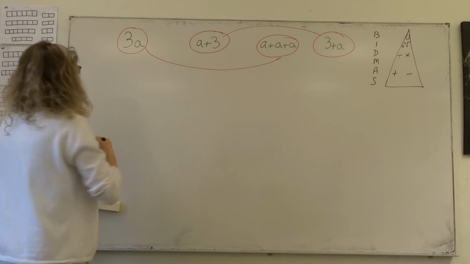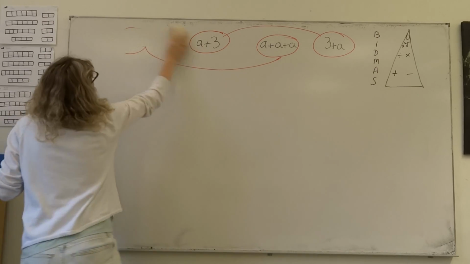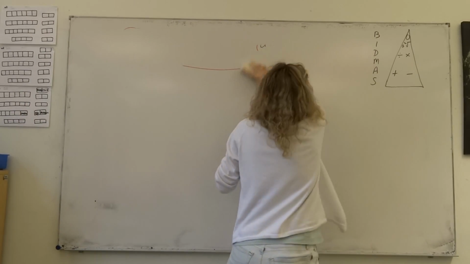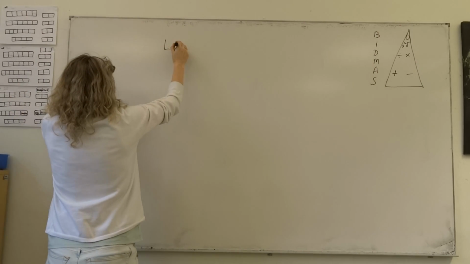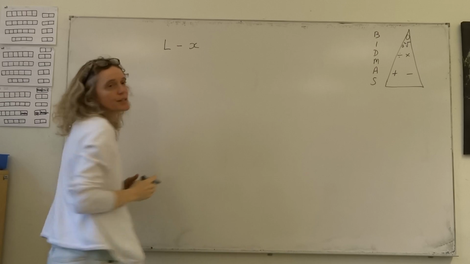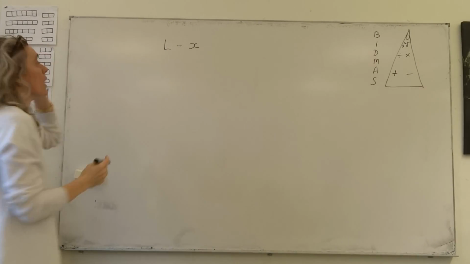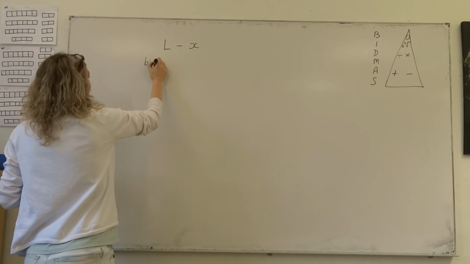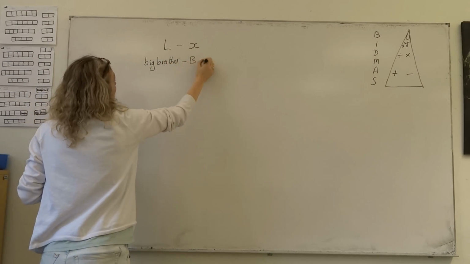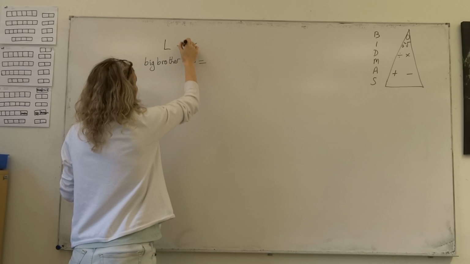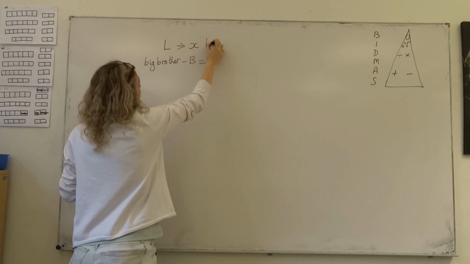And now we have a money one. Where Leo has some money. Leo has X kronas. Okay? Big brother, we'll call him B. He has twice as much. So Leo has X kronas.